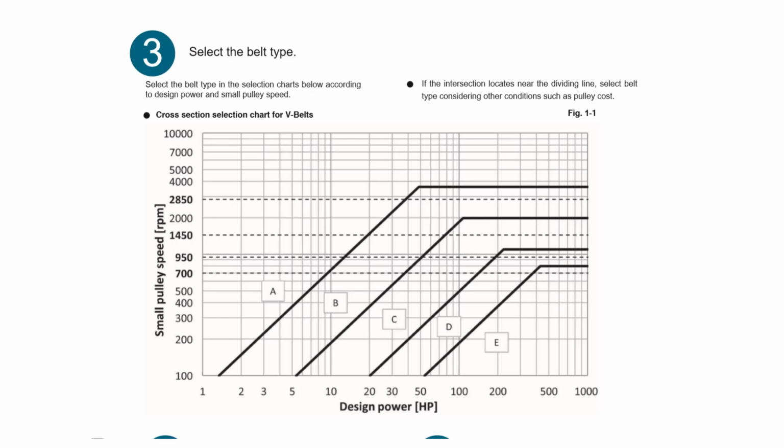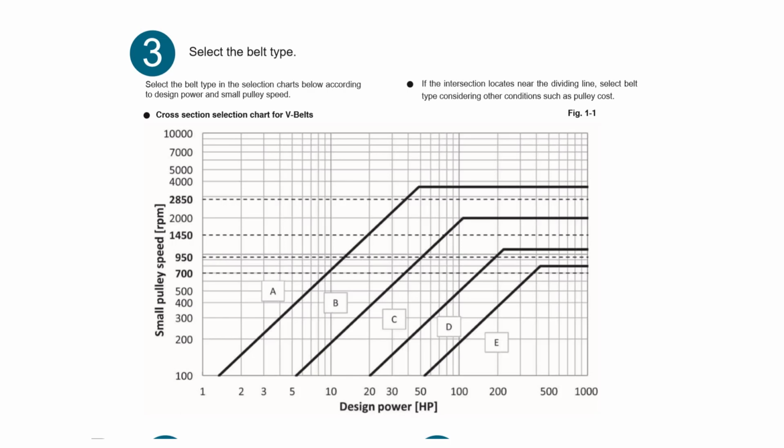If we move toward the bottom right corner, we are moving toward zone type E. So if our pulley and belt system is high RPM and low horsepower, we will fall into category type A. And if our system is very high horsepower but low RPM, we will fall into category type E.